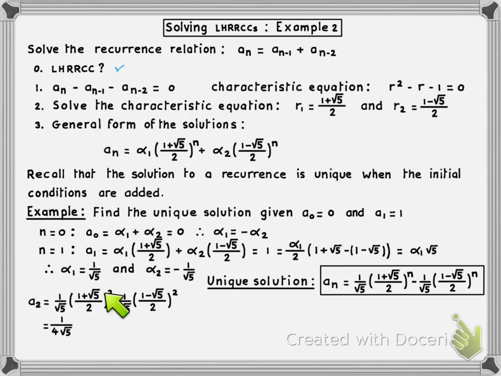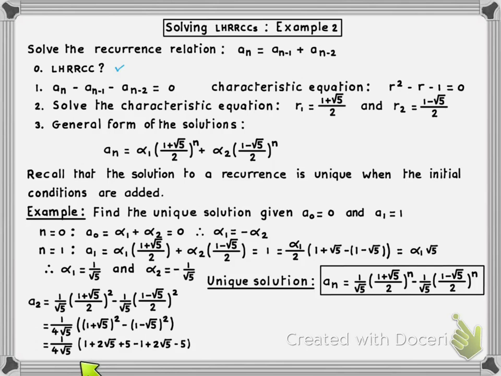And then we are left with the square of this numerator minus the square of this numerator. Then all we have to do is to square this term, so we get 1 plus 2 times square root of 5 plus square root of 5 squared, that is 5. And then we're going to get minus 1 squared, or 1, plus 2 times square root of 5, because we have minus, minus, and then we're going to get minus square root of 5 squared, or minus 5.